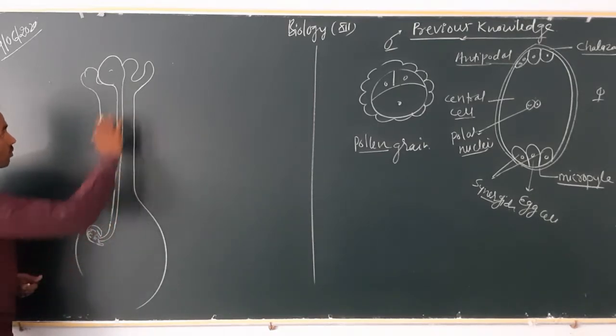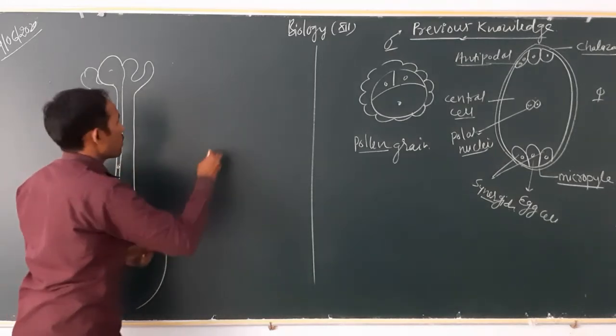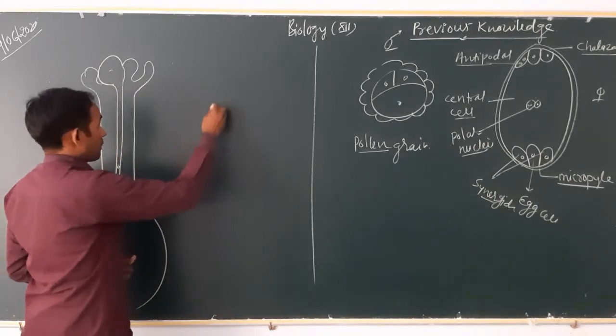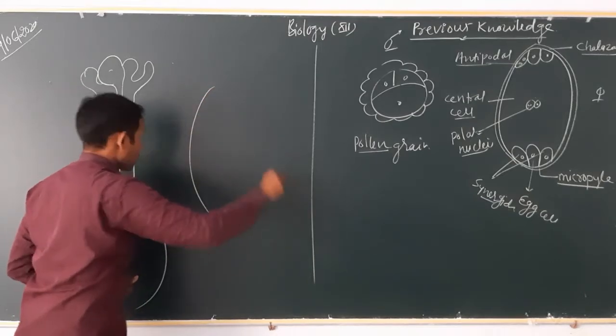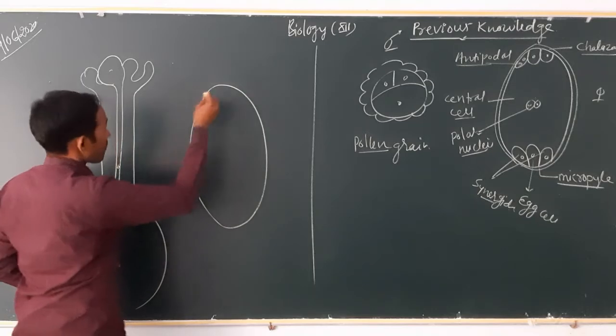So let us see how they are fusing. So 2 gametes are here.